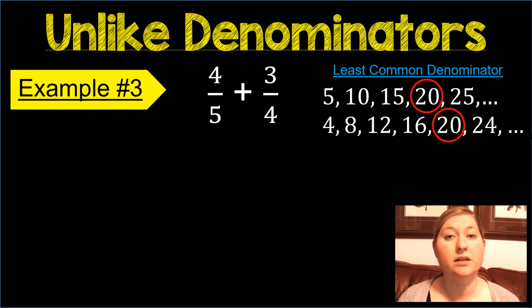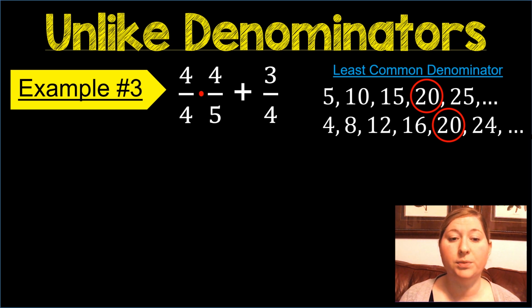So 20 is going to become my denominator. In order to make the denominator of the first fraction 20, I need to ask, what can I multiply it by so that my denominator is 20? Well, if you look, my denominator is 5. I know that if I multiply by 4, I can get 20.